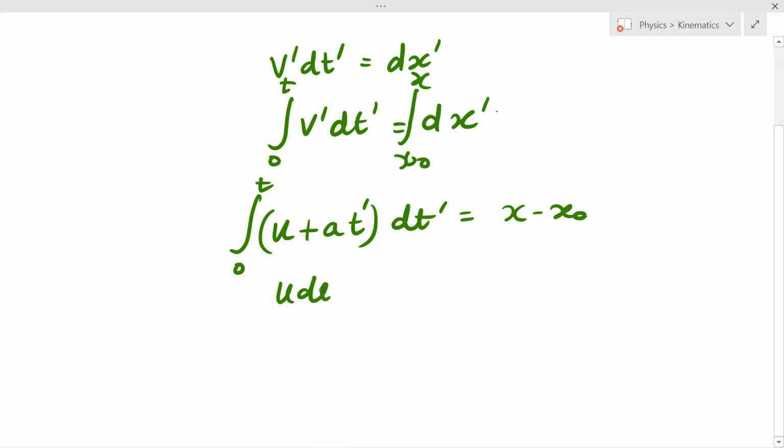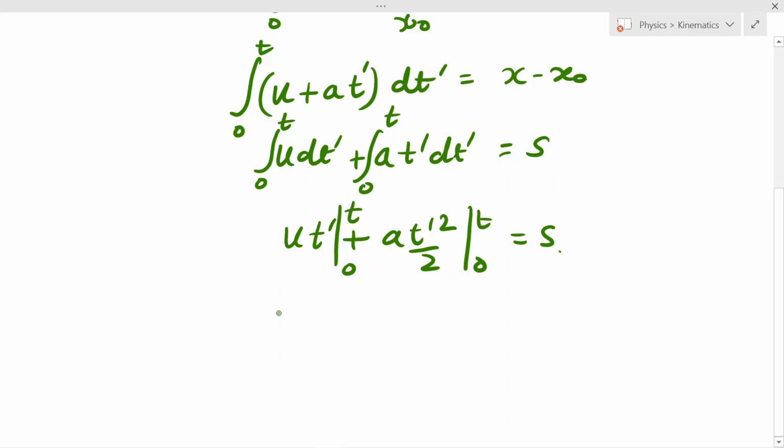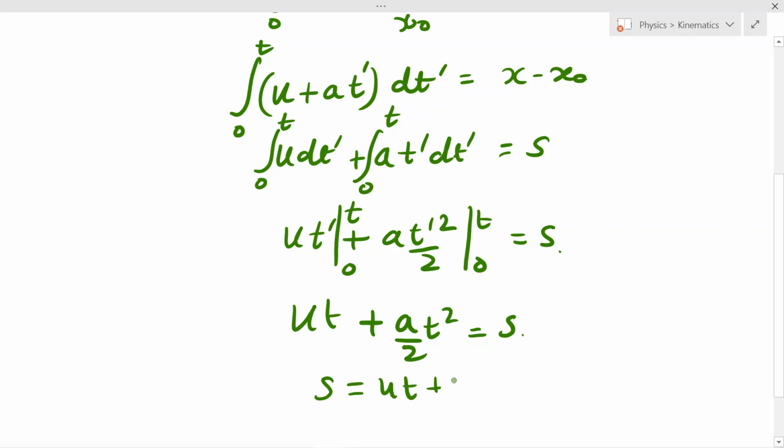So integral of u dt dash from 0 to t plus integral of a t dash dt dash from 0 to t, and this is s. So this becomes ut dash plus at dash square by 2, with limits 0 to t. This equals s. So upon substituting, this becomes ut plus a by 2 t square is equal to s. So s is equal to ut plus half at square.